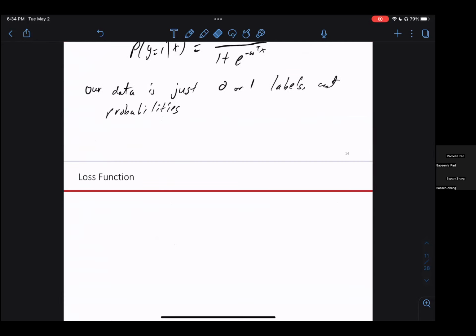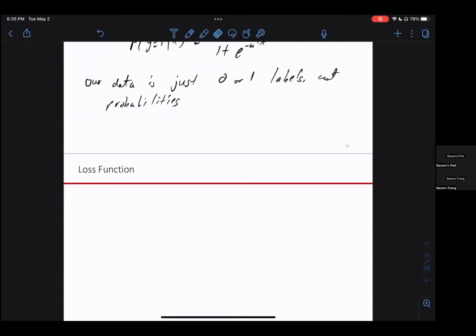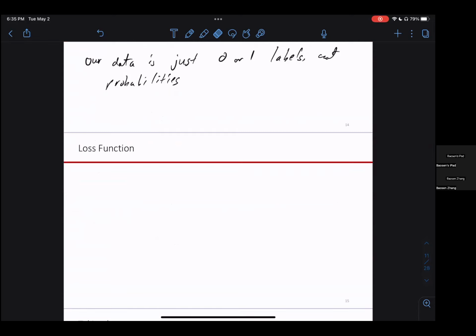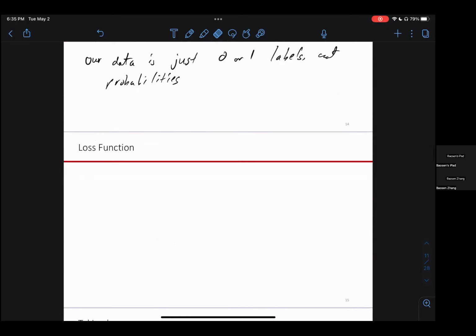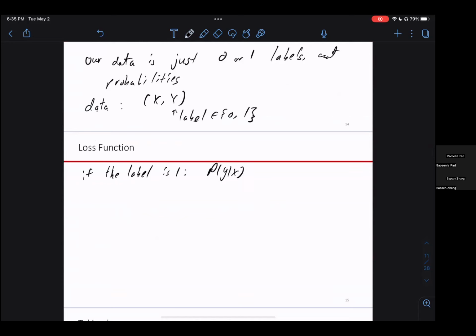The loss function people come up with is very intuitive. Let's say you have true data, a pair x, y. This y is a label, either 0 or 1. So what do you want? If the label is 1, you want p of y given x to be large.